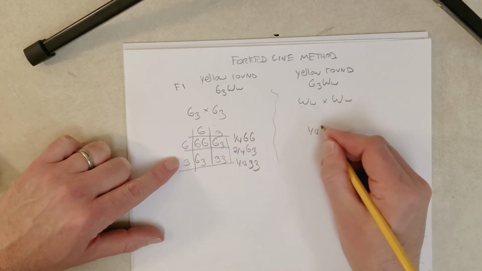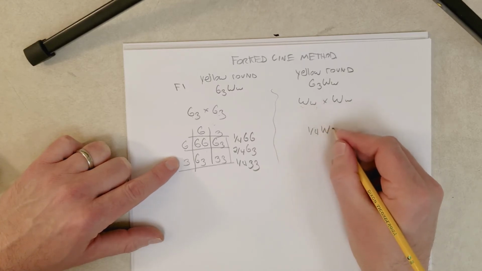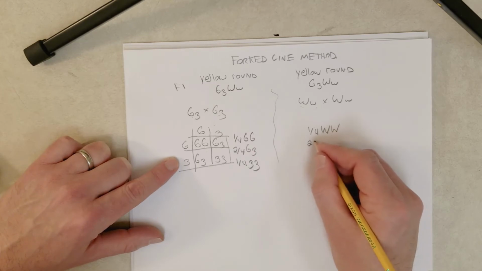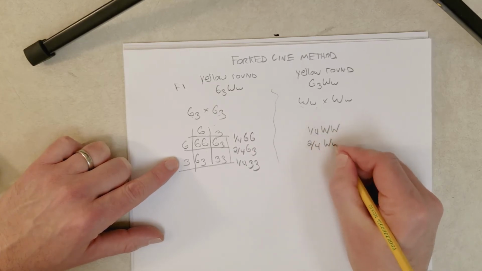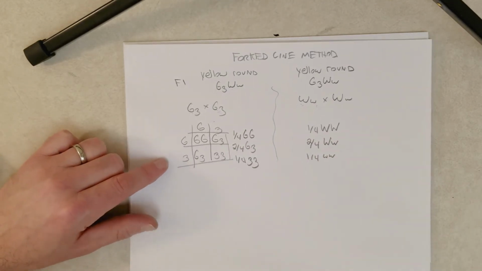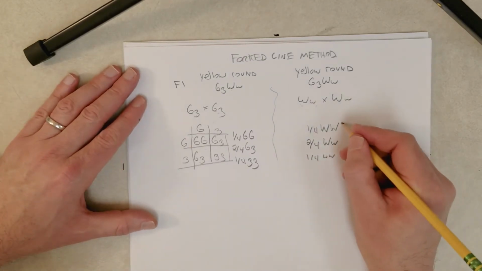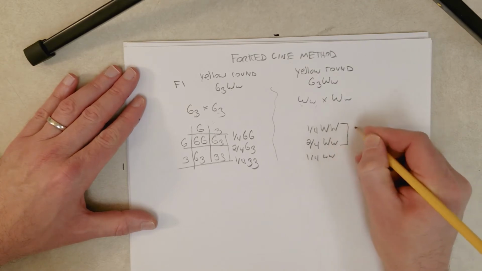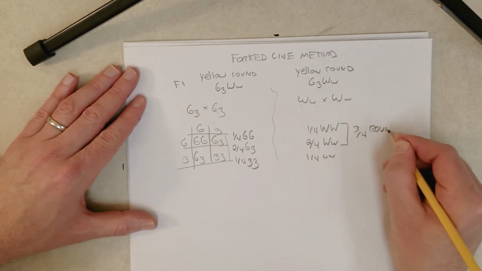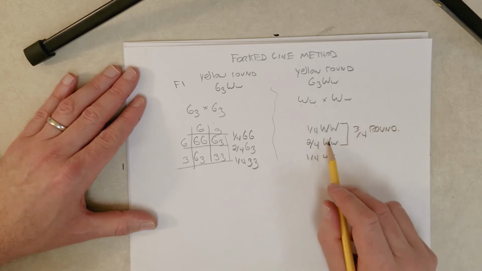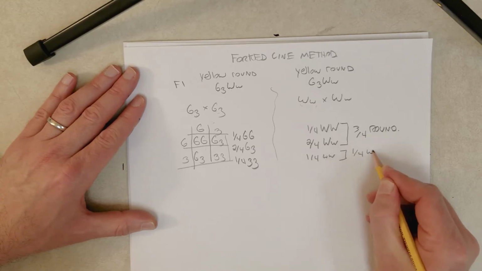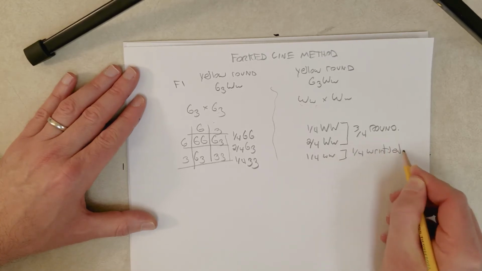So the genotypic ratio is going to be 1/4 homozygous dominant for big W's there, 2/4 heterozygous, 1/4 homozygous recessive. Now we can also do the phenotypes. 3/4 of the progeny will be round because 3/4 of the progeny have at least one big W allele. 1/4 will be wrinkled.